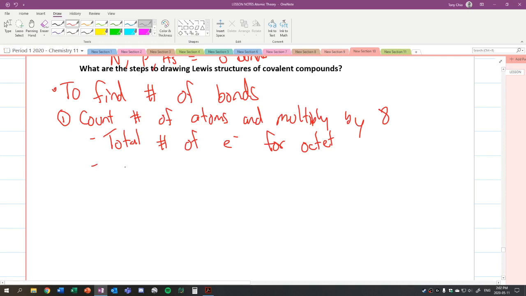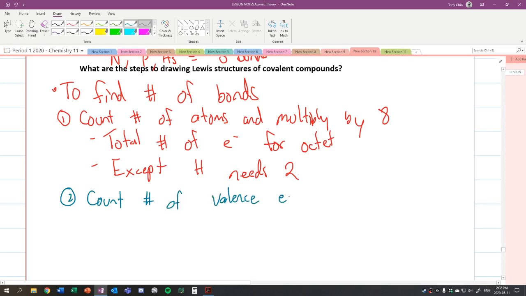There's an exception though, except hydrogen needs 2. Okay, step 2. Count the number of valence electrons. Total. Making this exception, hydrogen is 1.